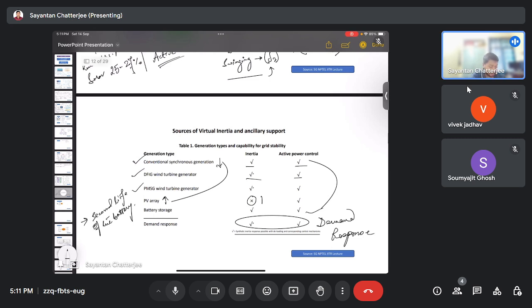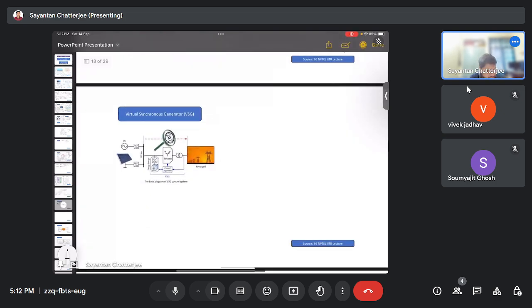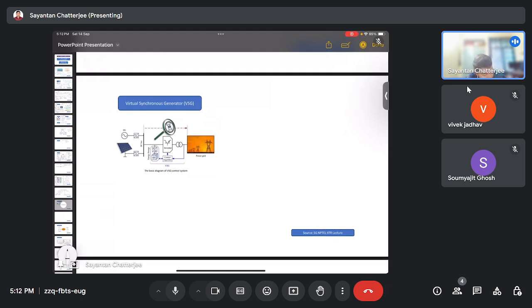So there are problems. To ease out these things, some virtual synchronous generators are also being enabled nowadays, which work on the basis of various converters and inverter based techniques.